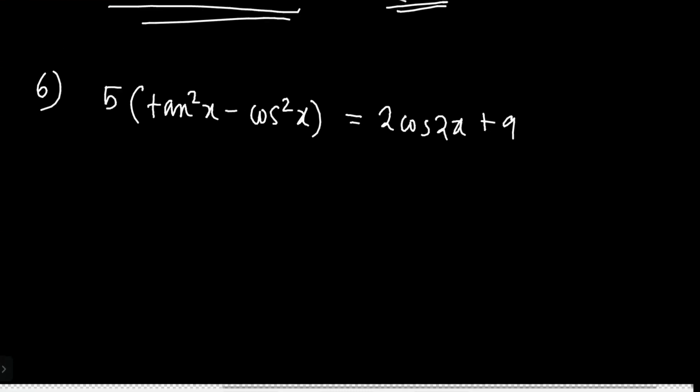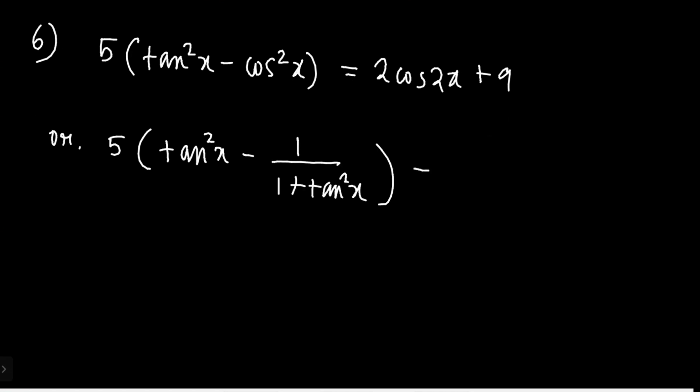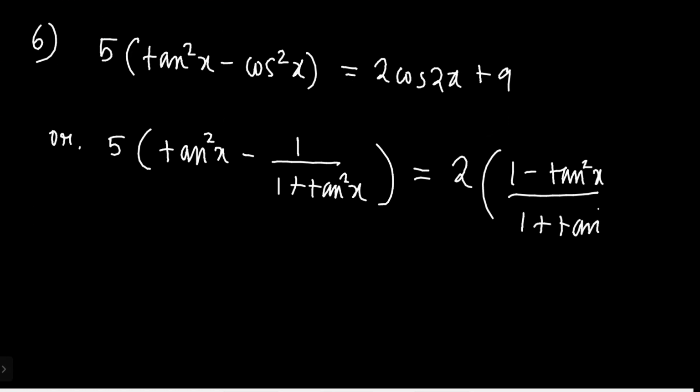Okay, so what can we write from this? The next step will be tan square x, and further simplifying, we can write this as 1 plus tan square x. Now 1 minus tan square x by 1 plus tan square x plus 9.